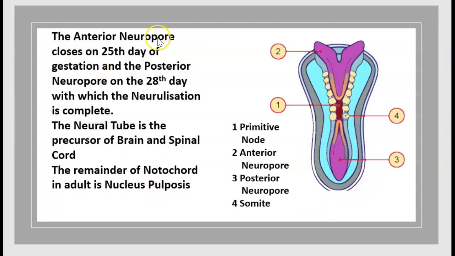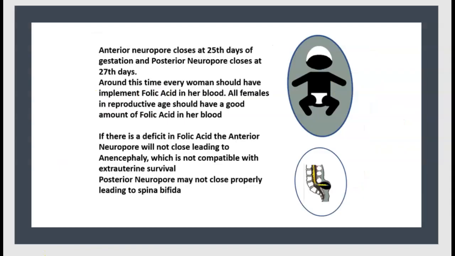The anterior neuropore closes at 25 days of gestation, and the posterior neuropore at 28 days, at which point neurulation is complete. Around this time, every woman should have a supplement of folic acid in her blood.